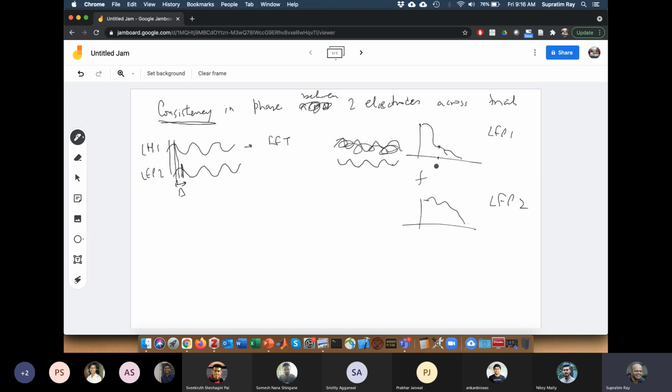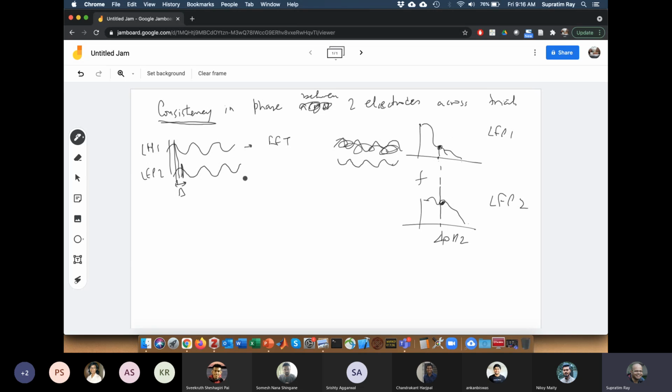Now, for each of the frequencies, let's say I'm interested in 40 hertz gamma frequency. I'm asking whether the phases of LFP1 and LFP2 are consistent with each other across trials. For each of the trials, I'll get a Fourier spectrum.